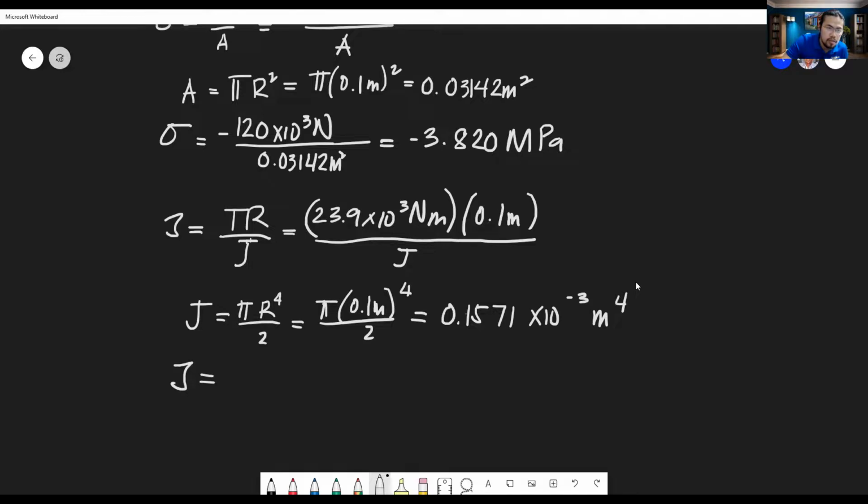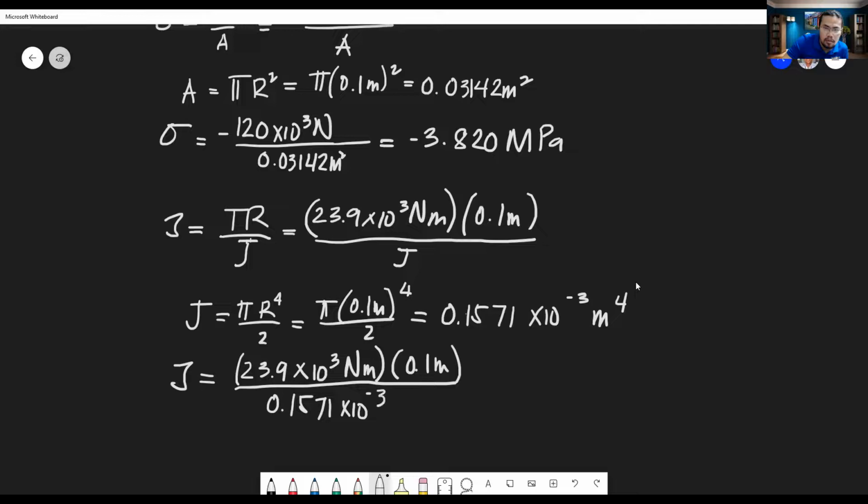So the shear is going to be the torque times the radius divided by the J, which will yield 15.22 megapascals.